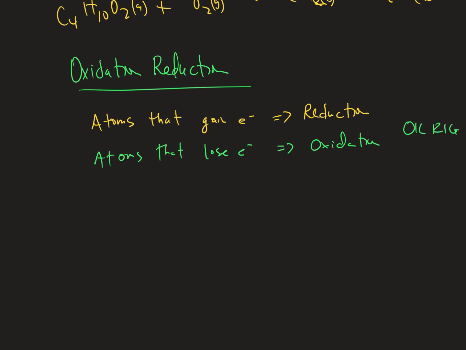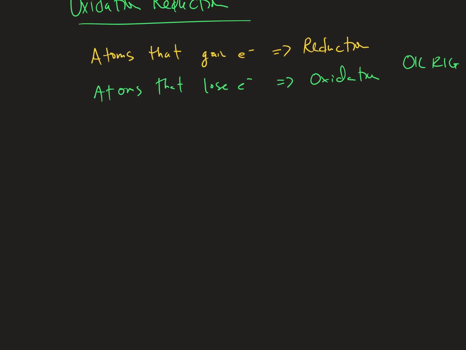But then let me give you some rules. For the rest of them, for non-ionic, you have to follow some rules or standards to make sure it is an oxidation reduction.